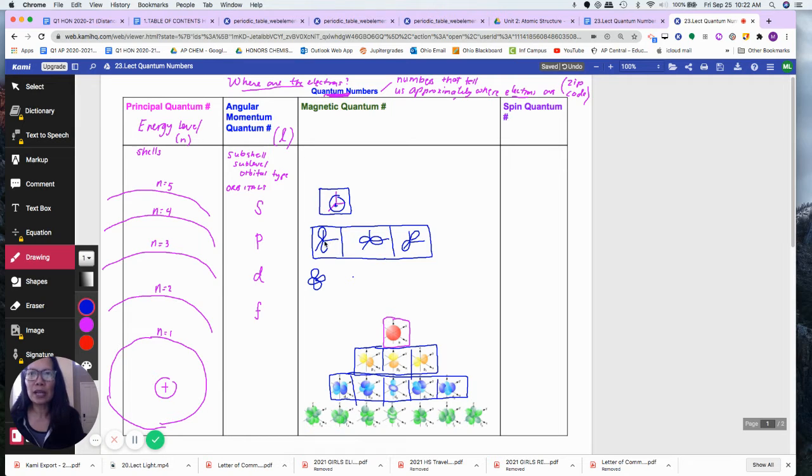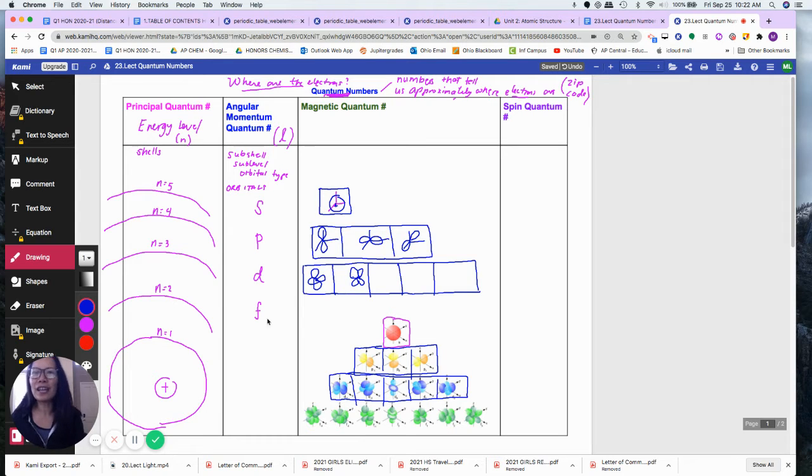So this one is rotated up and down, and then these ones are rotated on the ZY plane. It doesn't matter, as long as you know that there are 5 orbitals in the d sublevel. One, 2, 3, 4, 5. I'm not even drawing them.